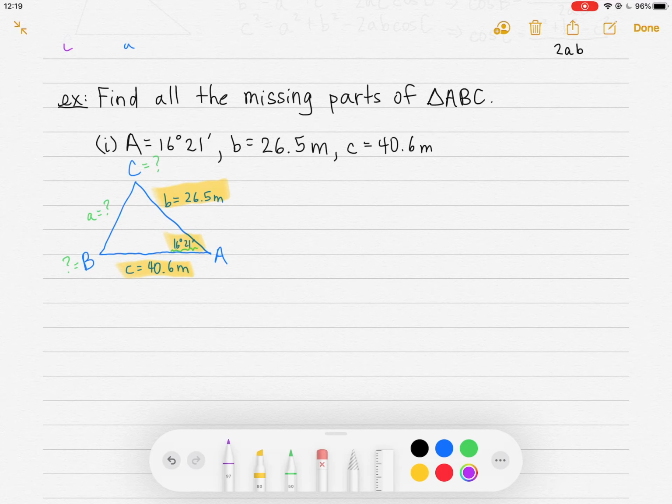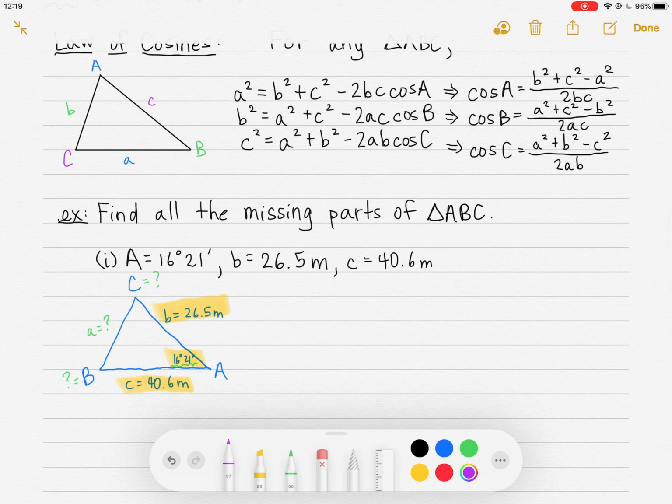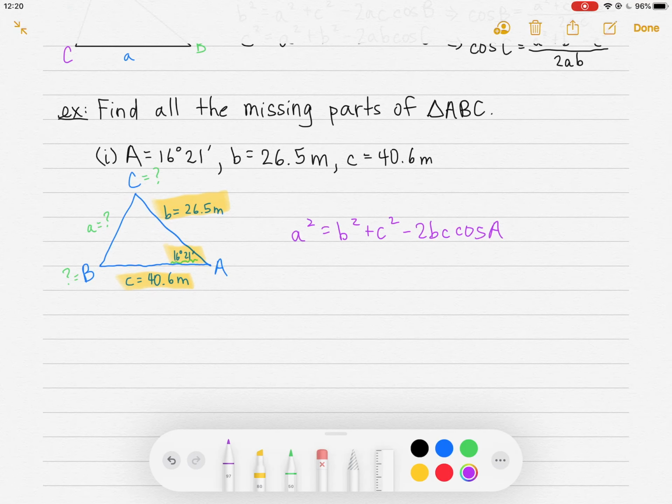So based on what we know, the only thing that we can find here is little a, because little a squared is equal to little b squared plus little c squared minus 2bc cosine of big A, and we know big A, little b, little c, that allows us to find little a.